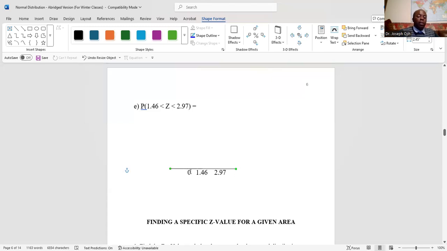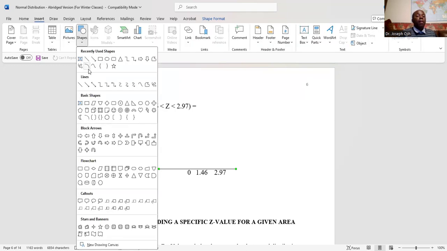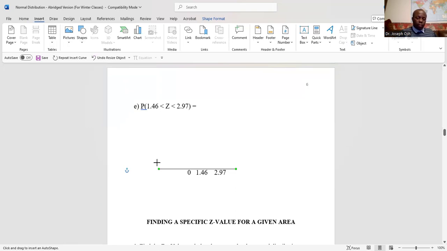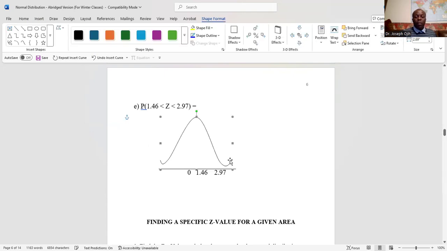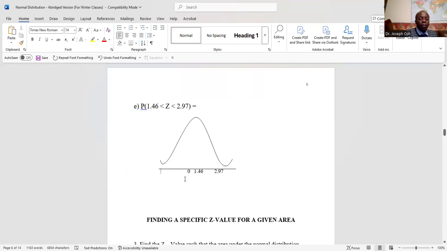Now I'm gonna extend this a little bit. I'm gonna make it a little bit so we can accommodate it. This is 1.46.